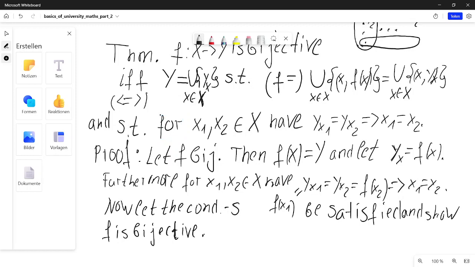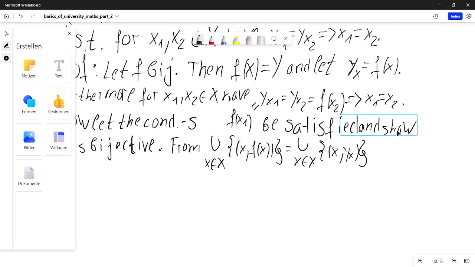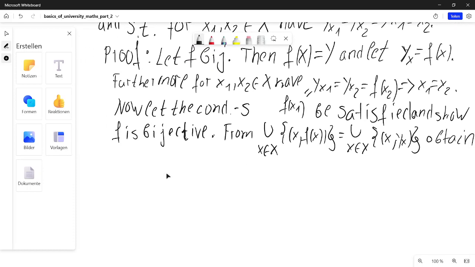Well, from this we obtain it for x and min x. Okay, let me do it slow.